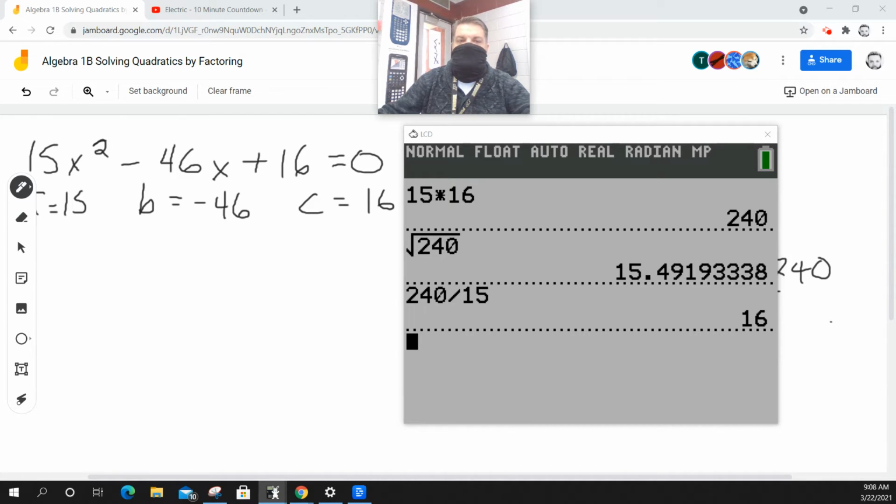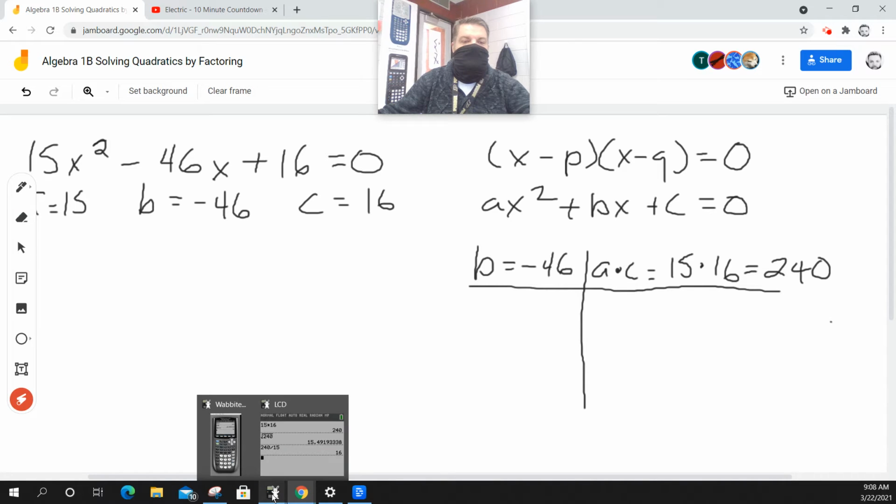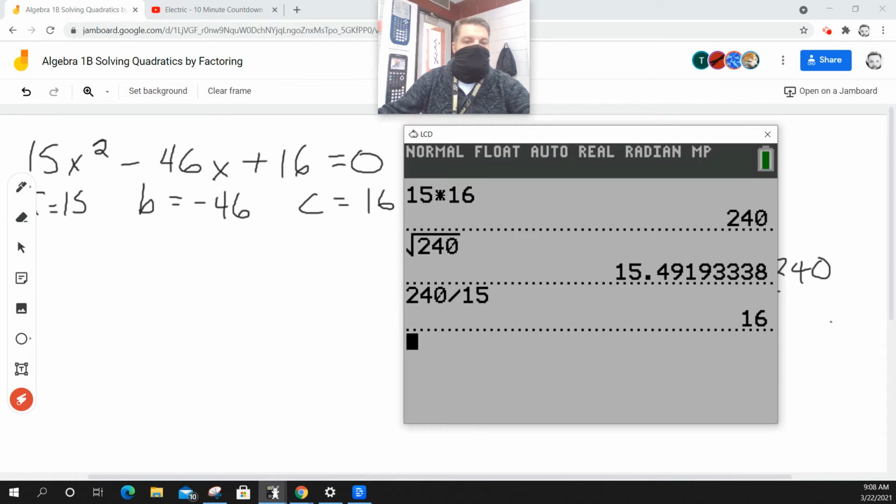But now remember, this is a negative 46 right here. So I'm probably going to have to add two negative numbers. That's how I get the negative 46. Okay. So it might be like negative 15 and negative 16, but that only adds up to 31. So let's keep going.